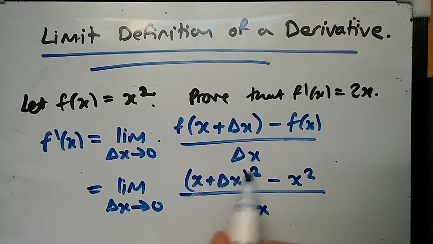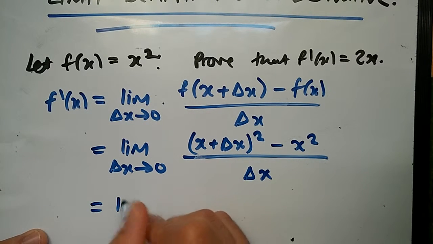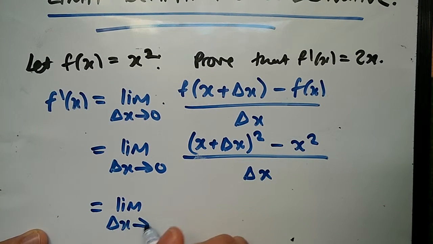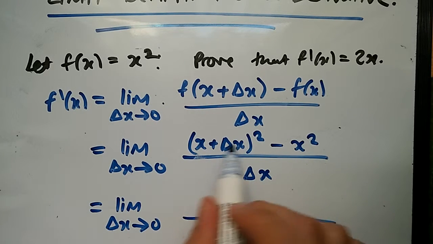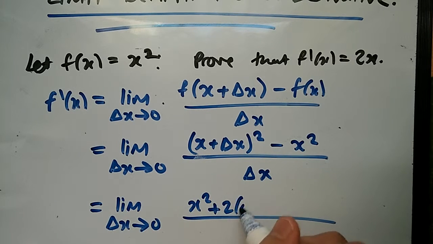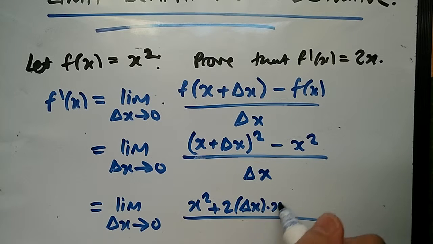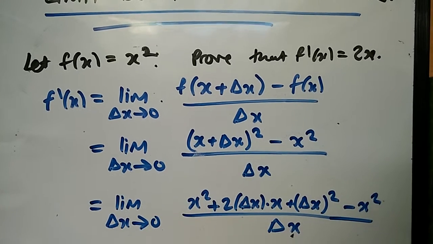When you take limits, you always have to keep writing the limit numerous times. Let's expand this: we get x squared plus 2 times delta x times x plus delta x squared, minus x squared, over delta x.